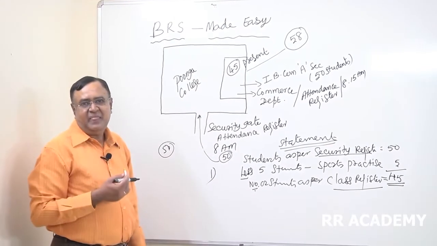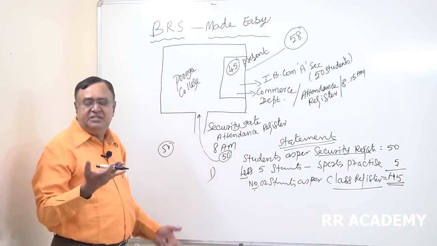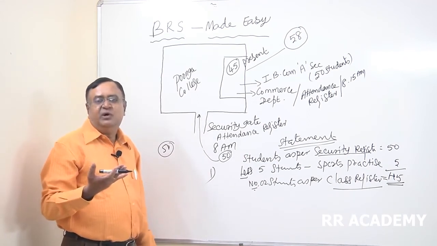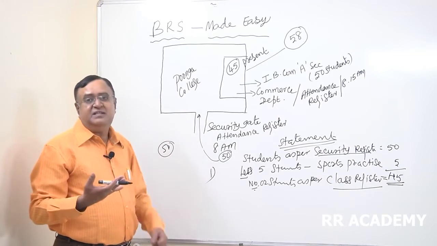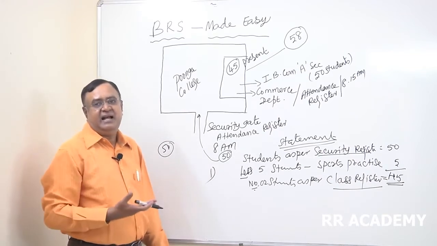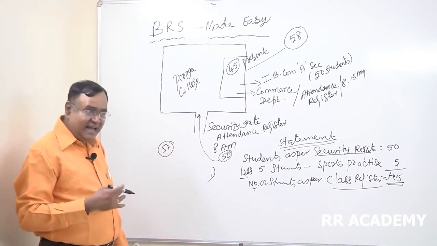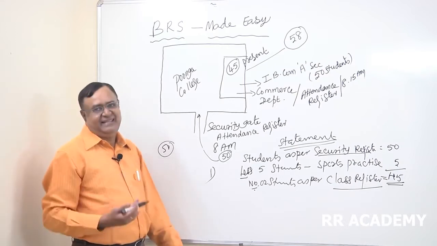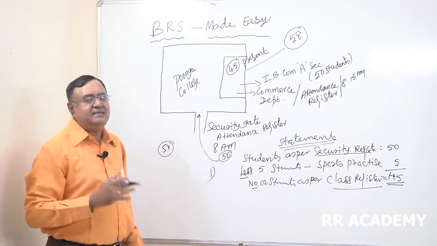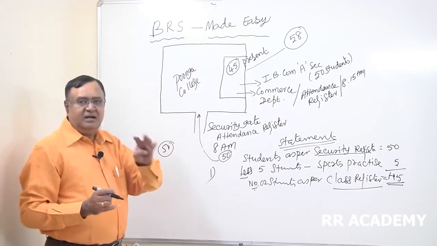The HOD comes. What, professor? 50 entered, 58 are there. The professor might say, HOD, for the sake of listening to my class, next class students also entered our class. No, he has to give a proper reason. Now what could be the proper reason?